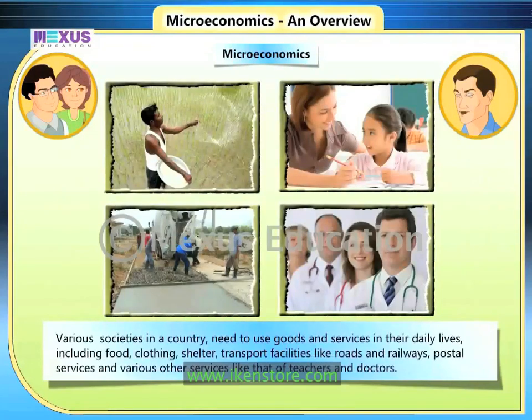Various societies in a country need to use goods and services in their daily lives, including food, clothing, shelter, transport facilities like roads and railways, postal services, and various other services like that of teachers and doctors.